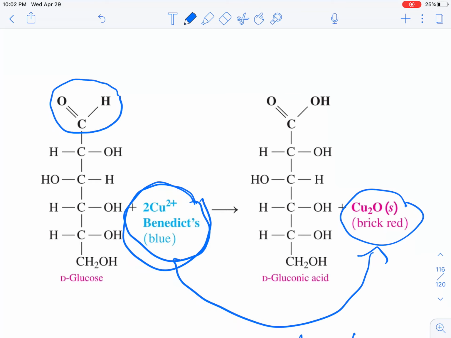So one way to use the Benedict's test is to identify if you have an aldose or a ketose, and we'll talk about that in the next chapter as well. But if you look, these carbohydrates have that hydroxyl group on the carbon right next to the aldehyde. And so after the oxidation occurs, what we get at the very end is a carboxylic acid. And the visual confirmation is the change from blue to red.